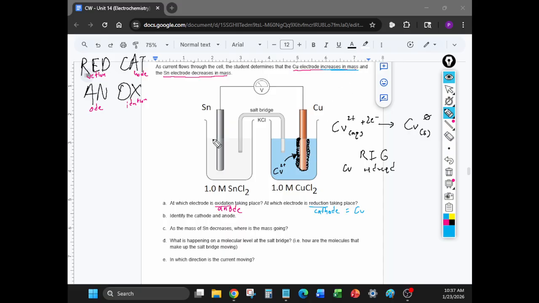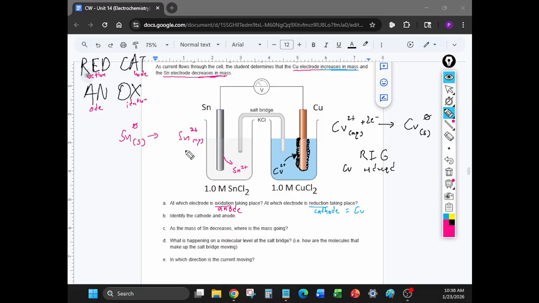Okay, you can also get the same information using the one with the tin. If you look, the tin is decreasing in mass. That means it's getting smaller. That means the solid tin is starting to dissolve into the solution. So Sn solid is becoming Sn2+ aqueous. All right, so if you're going from 0 to positive 2, that means you're becoming more positive.